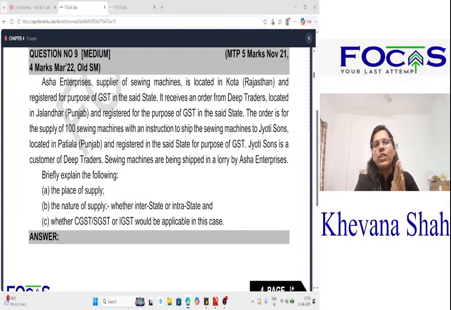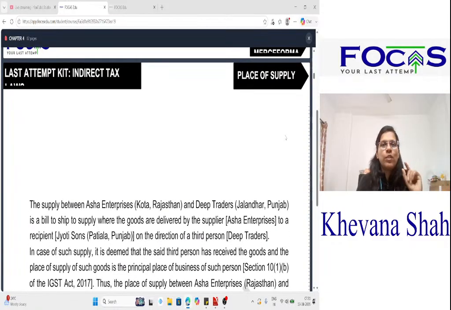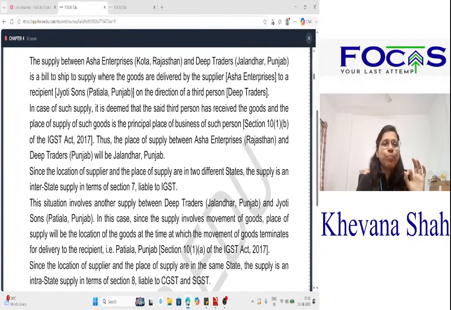Okay, so this is bill to ship to model wherein two supplies are involved. The first one is between Asha Enterprises and Deep Traders, and the second supply is between Deep Traders and Jyoti Sons. So let us identify the place of supply for each of these.